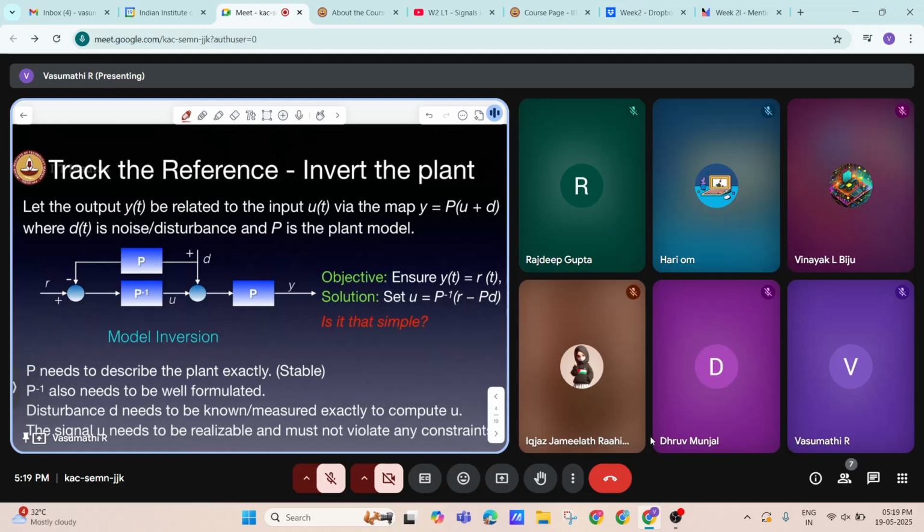This is another reason why we are learning the signals, why we are very interested in the signals domain. If I take a plant like this, a fan, and I give an input, I want the output to be similar to that. For example, if I give 120 volt, I would expect my output to be 100 rpm.